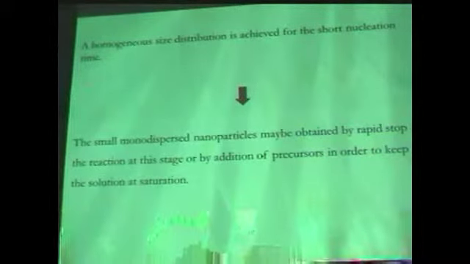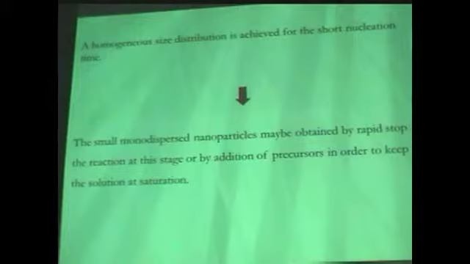So, a homogeneous size distribution is achieved for a short nucleation time, and small monodispersed nanoparticles may be obtained by rapid stop of the reaction at this stage, or by addition of precursors in the reaction mixture in order to keep the solution at saturation.